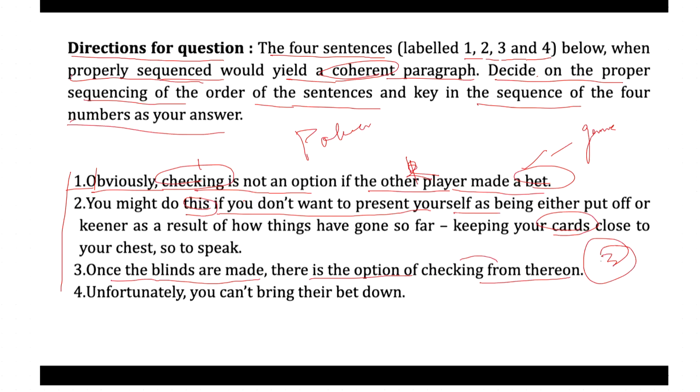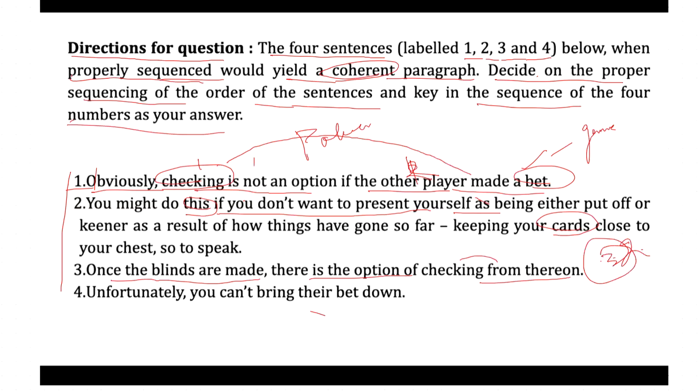Now, one says obviously checking is not an option, which is paraphrasing it. So three states the situation, two states what can or cannot be done, and one indicates that checking is not an option if the other player made a bet.